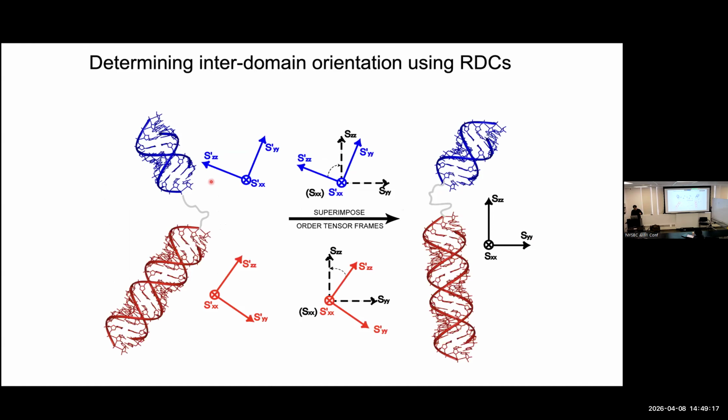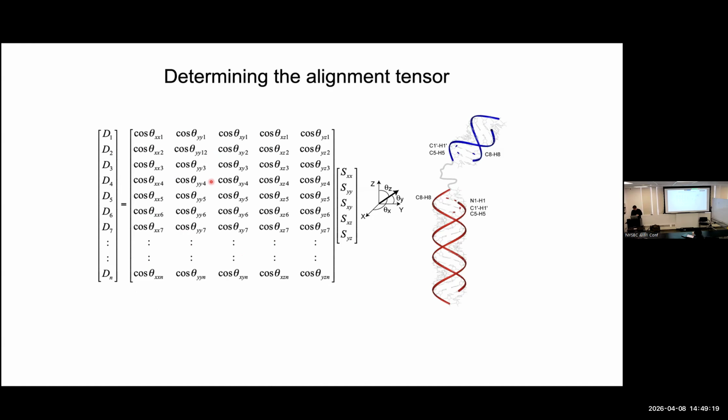Okay, so now here's the alignment tensor, which I want to explain a little further. Just like any tensor, how would we define a CSA tensor in the molecular frame?